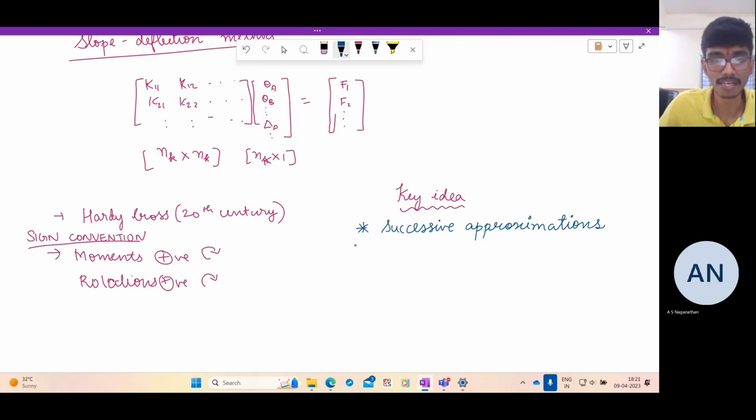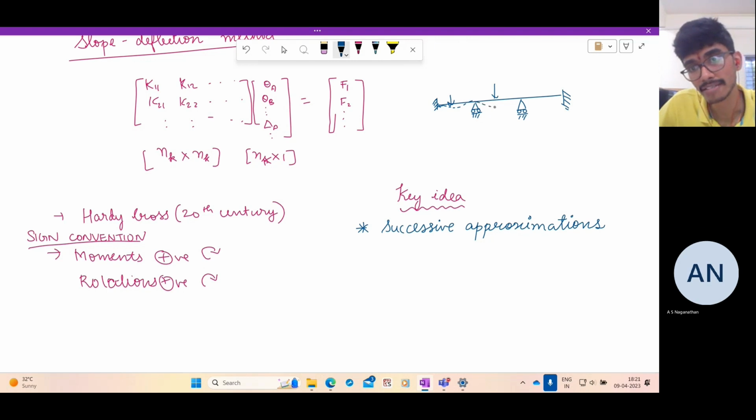So what do we approximate? Given a multispan continuous beam, statically and kinematically indeterminate to a very high degree, suppose they are subjected to some loading, we know that these joints are going to rotate by some angle theta.